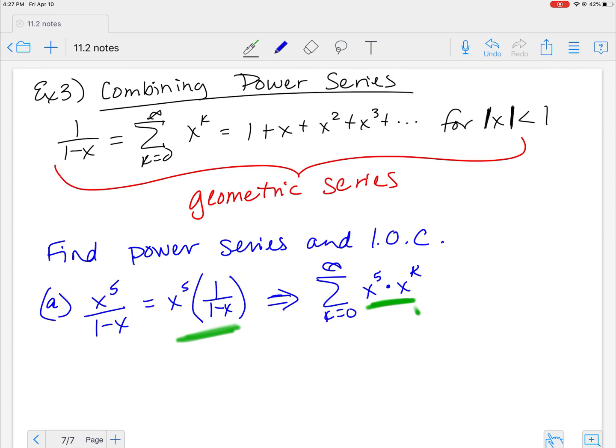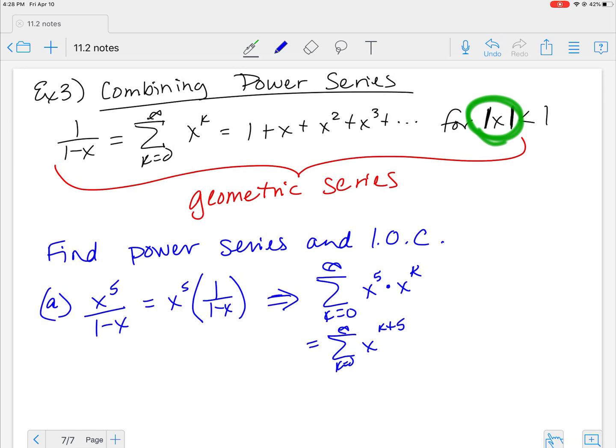So if these two things are multiplied, then these two things are multiplied in my series. And anytime you have like bases, I'm going to write k plus 5. Anytime you have like bases, then you add those exponents. All right, so the same thing is happening here.